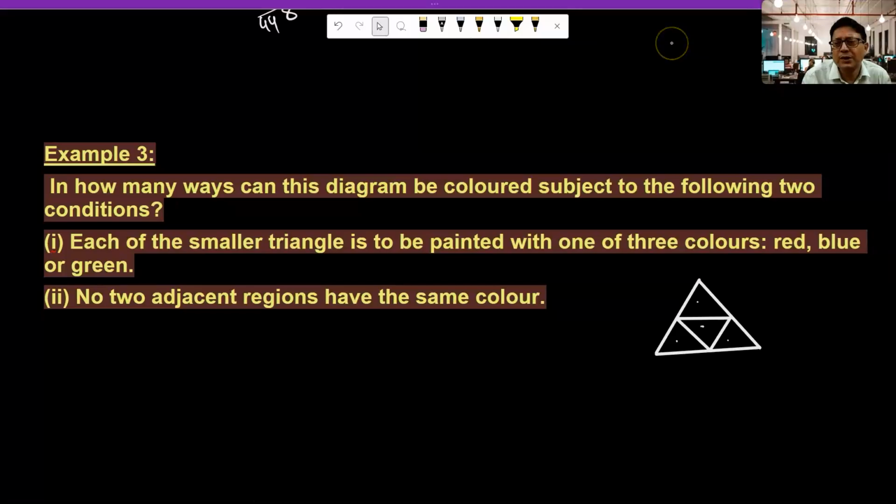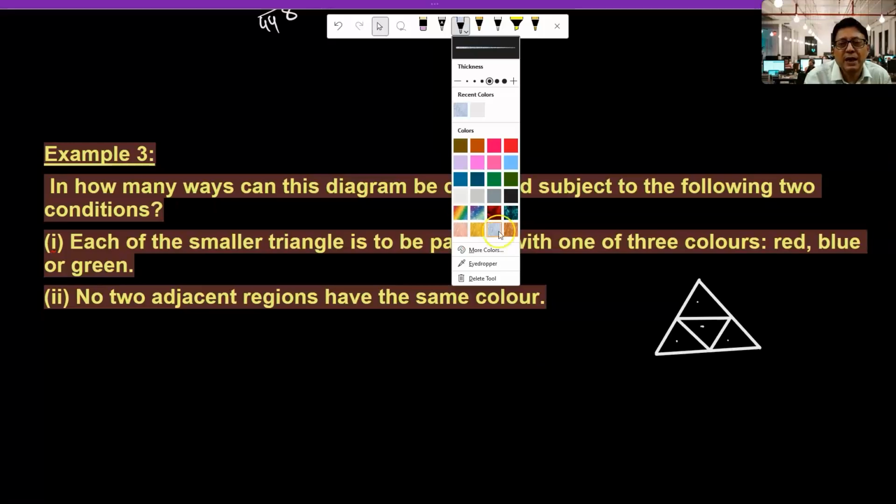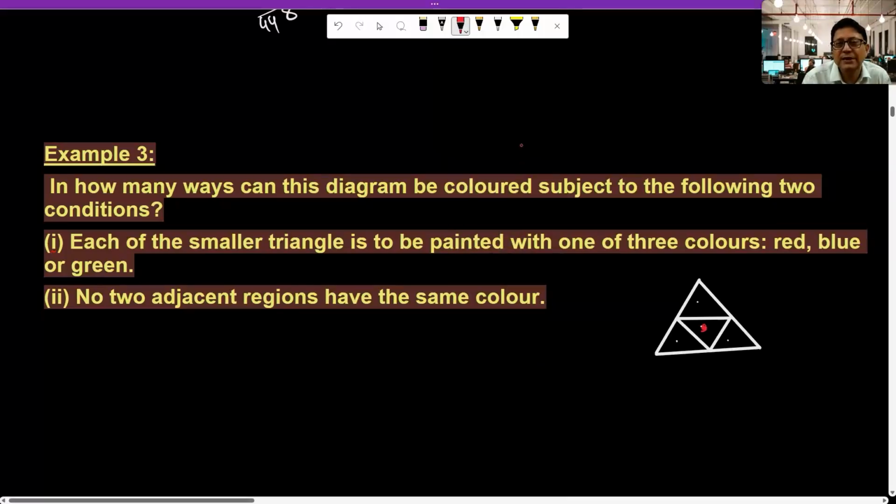One of the colors, red, blue or green. I am taking red. Red I have done here. You do complete coloring.